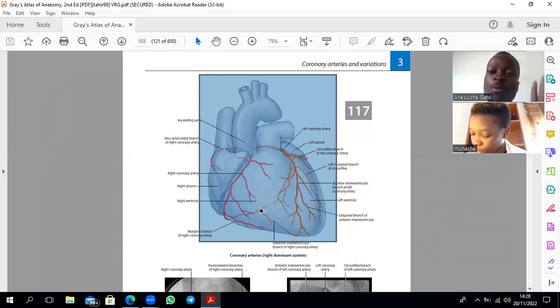Then remember your bundle of His divides into the left bundle branch and right bundle branch. Here's how I want you to remember. The larger one, which you said is the left coronary artery, will supply both the bundle branches, right bundle branch and left bundle branch.